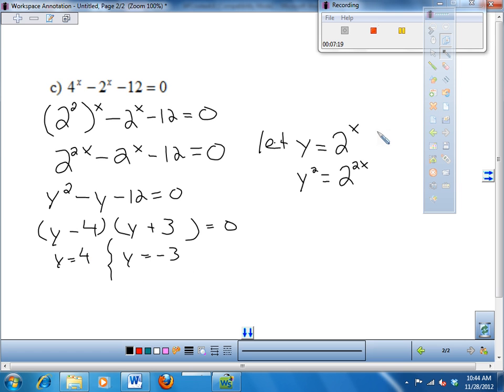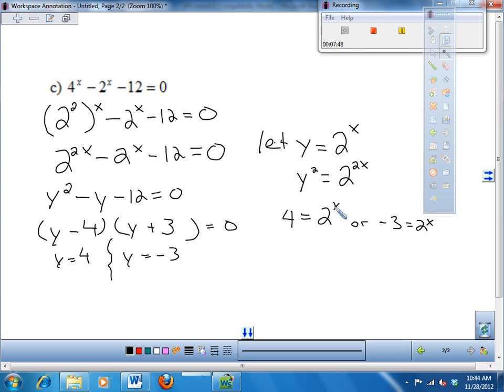And then you have to come back over here and substitute that. So in this case, you say 4 equals 2 to the x, or negative 3 equals 2 to the x.